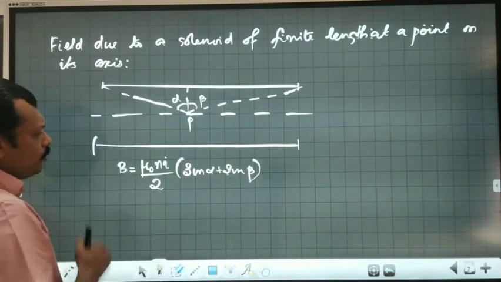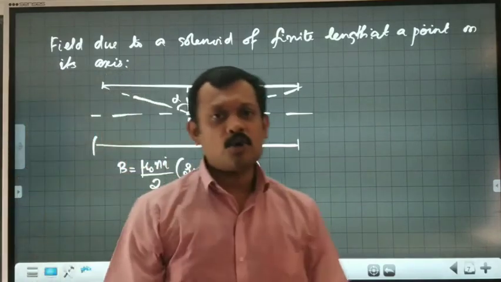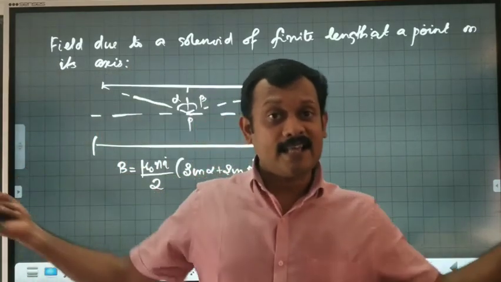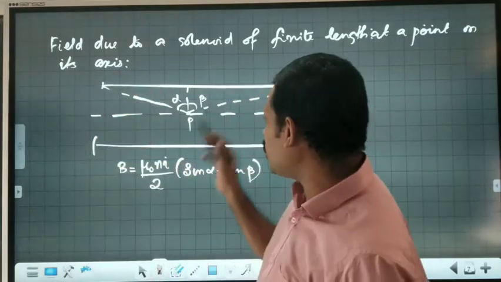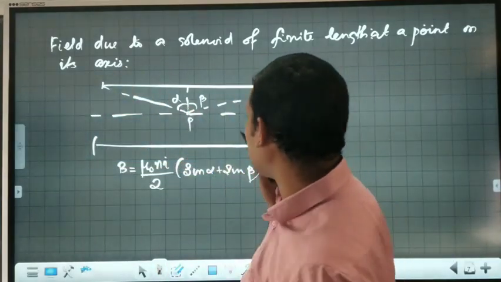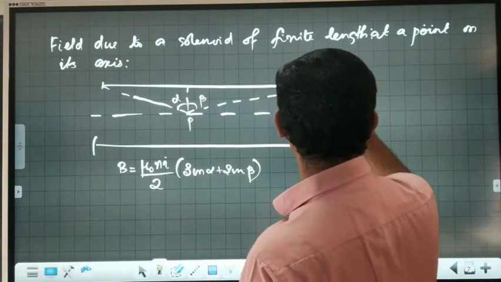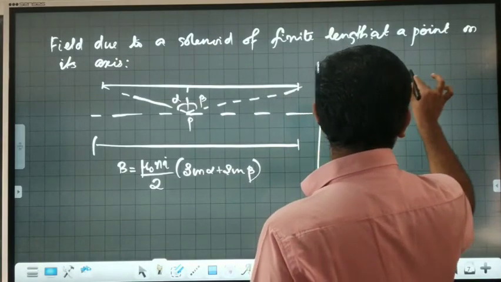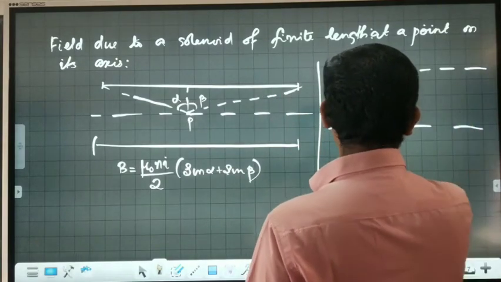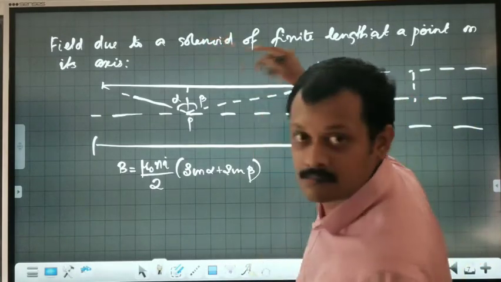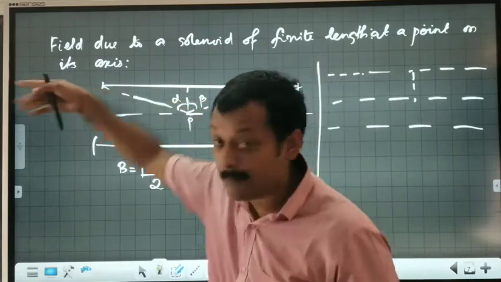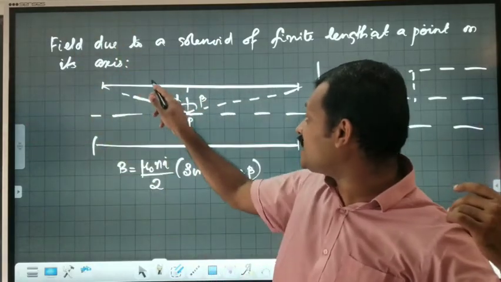Now I will tell you how to arrive at the long solenoid case. For a long solenoid, where are the ends? Ends are located at infinity. For a long solenoid, alpha is equal to beta is equal to pi by 2, since these two lines meet at infinity.